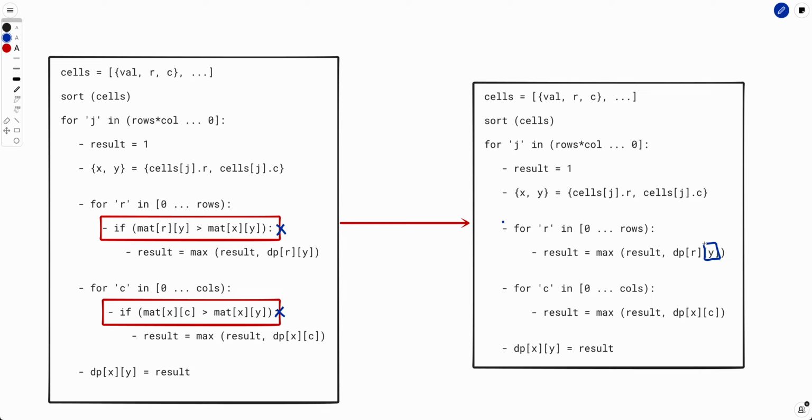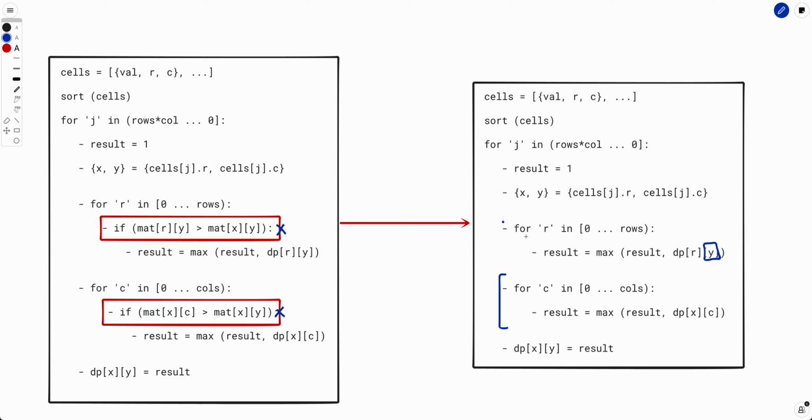The column is fixed, column is y, and you want the maximum value across all the rows of that column. And similarly this for loop is calculating the maximum value across a row. So these two you can pre-compute as well.